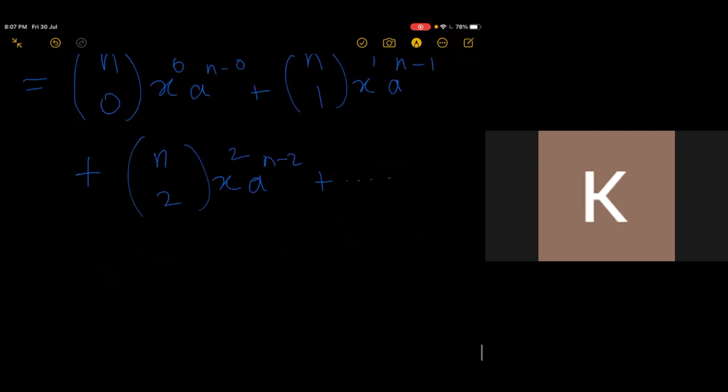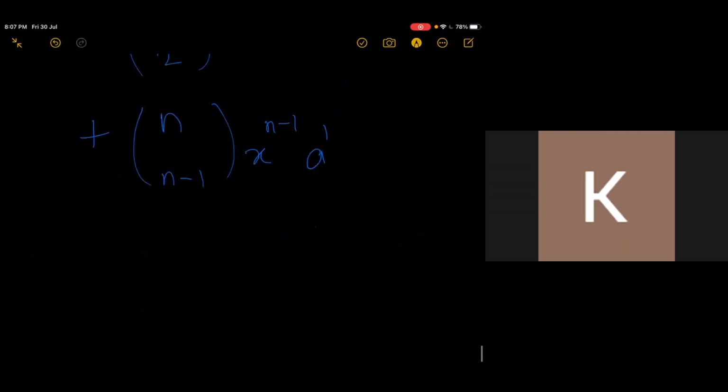This is the summation. This will go on till nC(n minus 1) x to the power n minus 1 a to the power 1, plus nCn x to the power n a to the power 0.